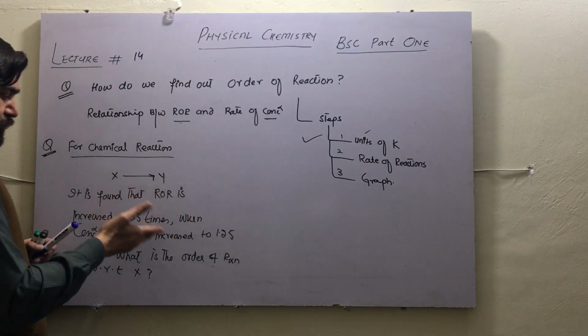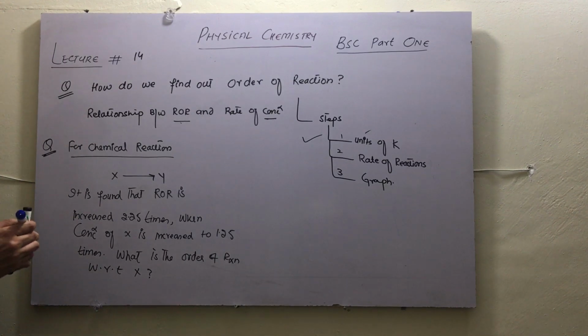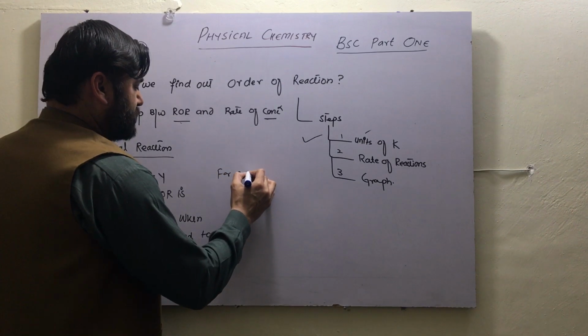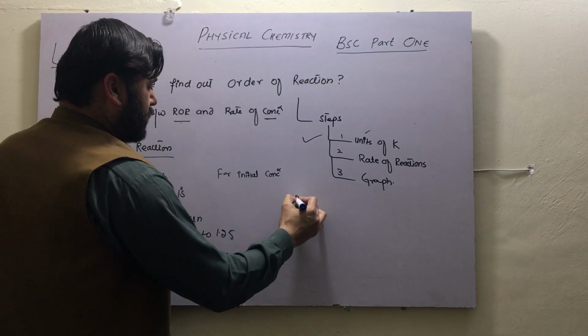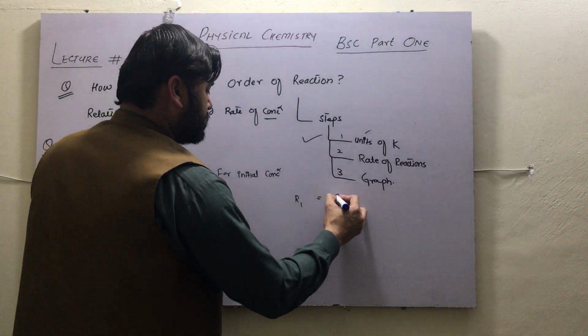From my point of view it is easy, but let's do it in a better way. Suppose for the initial concentration, the rate is R1 and the concentration is C1.